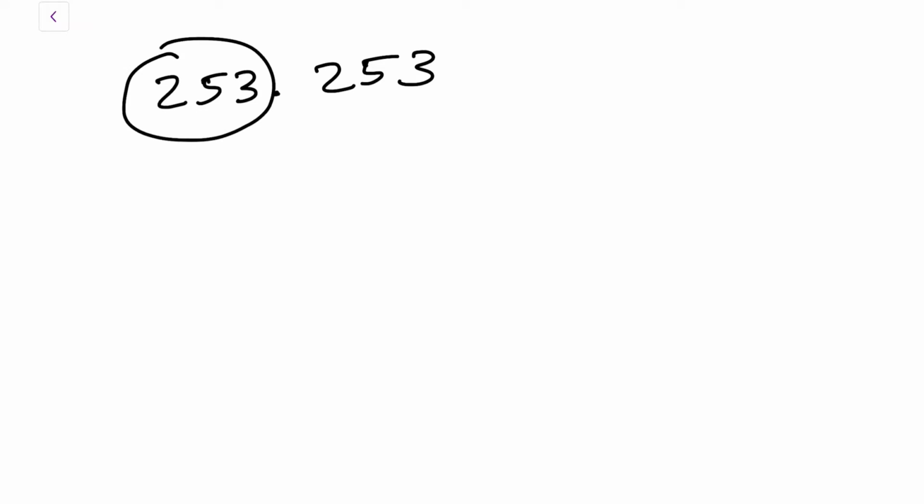Now tell me, 253.253. If this is your decimal number, remember a decimal number has two parts, the decimal part and the whole number part. Which is your whole number part? That's right, this is your whole number part.